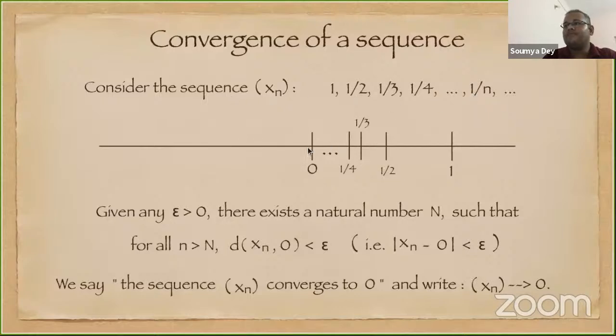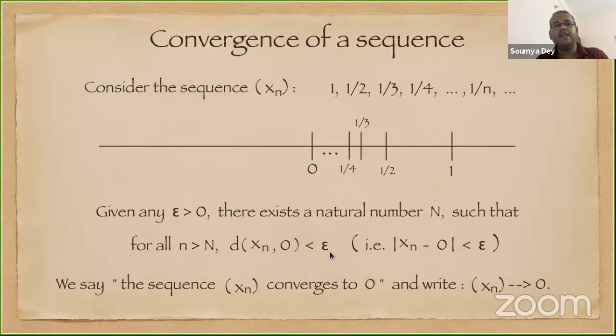Now it's easy, for those of you who have seen this, that it converges to the point 0. But what is the meaning of convergence? Let's recall. Given any epsilon positive, there exists a natural number N such that for all n bigger than this particular N, the distance between 0 and xn is less than epsilon.